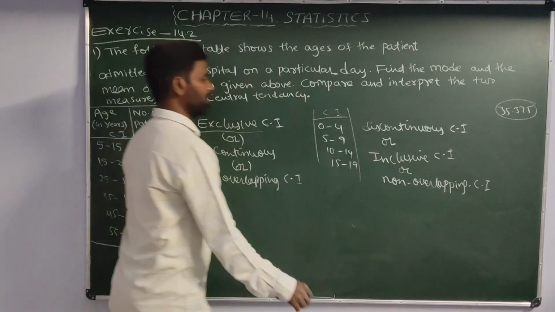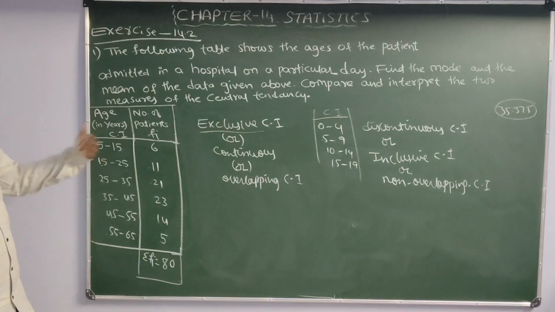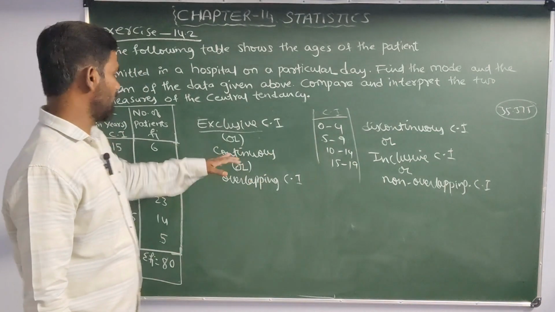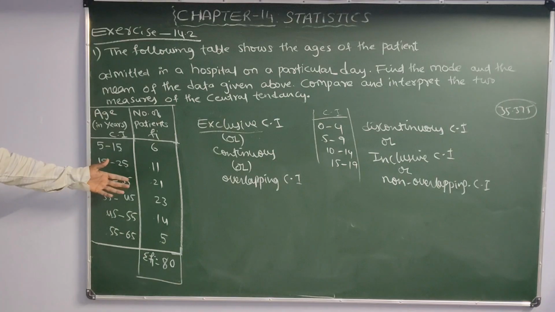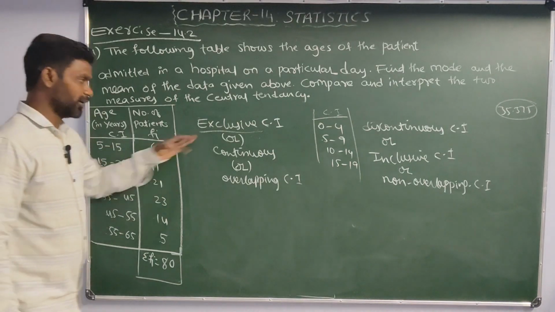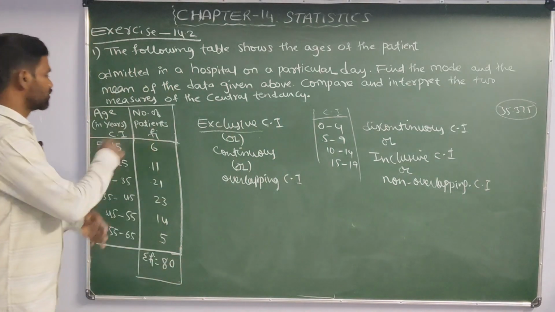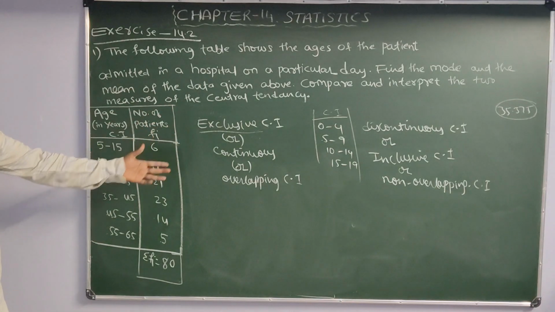So these are very, very important. By looking at the question, we have to identify whether the class intervals are exclusive or inclusive. If they are exclusive, then only can we solve the mode problem. If they are inclusive, then we have to change the inclusive class intervals into exclusive class intervals, then we can proceed further.